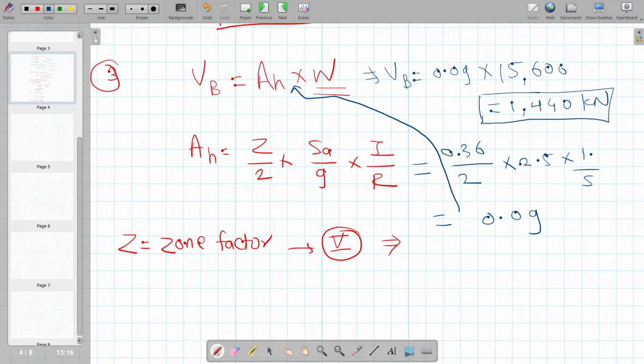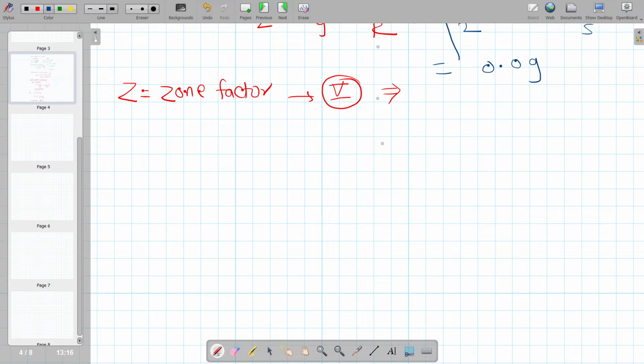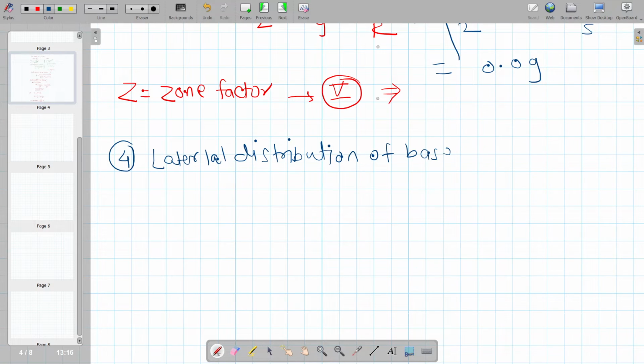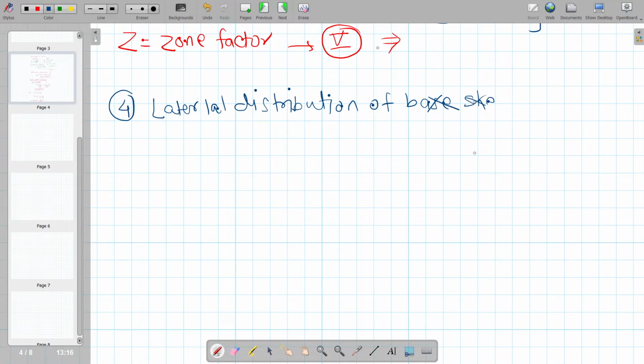And the last thing which is remaining is the lateral distribution of base shear, or lateral distribution of the load along the height of the structure.